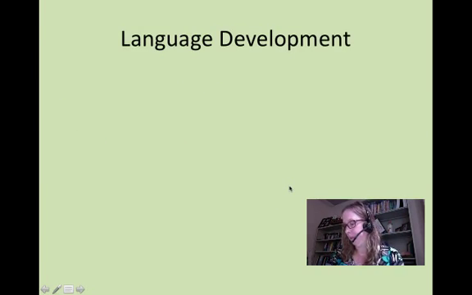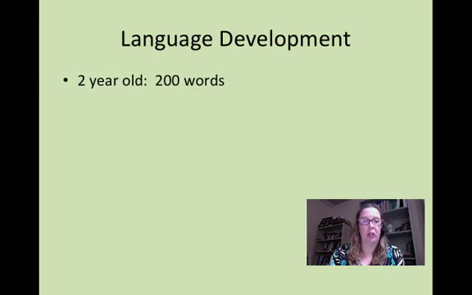Okay. All right, another aspect of cognitive development, as always, is language development. Last time we talked about language in terms of babbling and cooing and first words, etc. And we said that children speak their first word around age 1. Well, did you know that by age 2, they're speaking about 200 words?